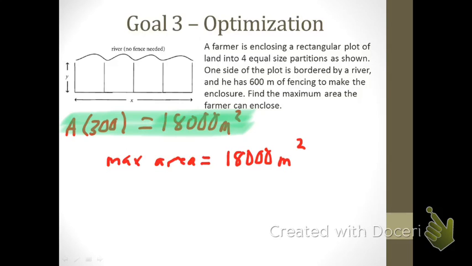Well, that would be asking us to find out what are the length and the width, basically. Alright? Now think this through. If we use 300 meters here for the length, that means that the 5 times y has to be the other 300 meters, right? And so y would be equal to 60. So the dimensions of the rectangle that would give us this particular maximum area would be 300 meters by 60 meters.